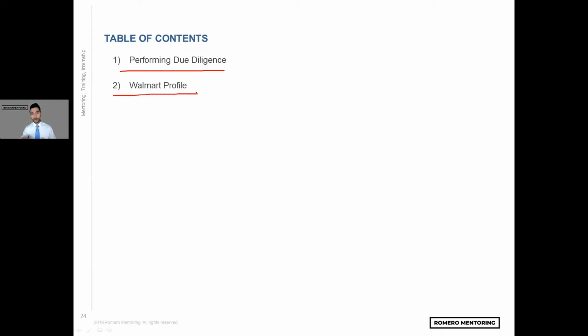We're going to gather all public information after performing due diligence, and we're going to create a set of PowerPoint slides that addresses their business model, their financial overview, the competition, their margins, so that you can have a better understanding of how you gather public information and structure it in a way that is client ready in a presentation format. This is the beginning, or the fundamental building blocks, of learning how to put together information in a PowerPoint slide. So that's going to be the second part of the due diligence introduction lecture.